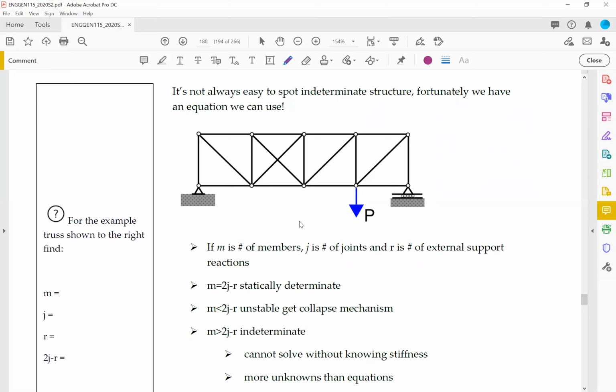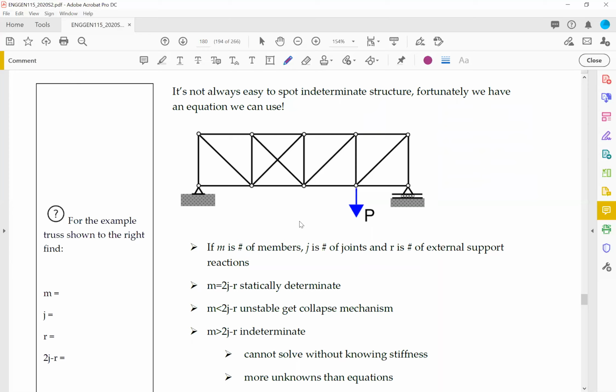Internal indeterminacy is where there are too many members. So it's the opposite of unstable. Before, with instability, we didn't have enough members inside the truss, but internal indeterminacy, which is bad, is when we have too many members in the truss.